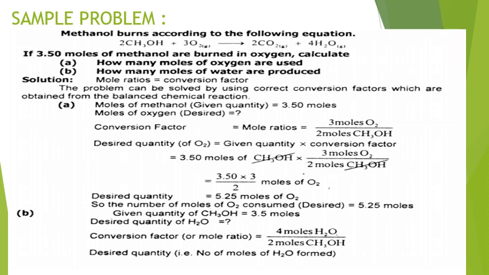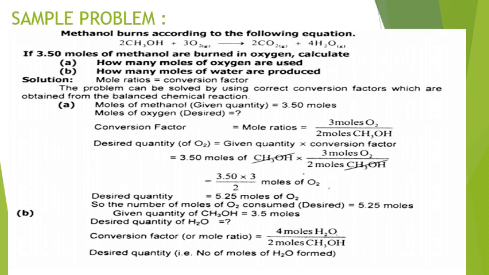Now part A is how many moles of oxygen are used. In this part A, we have to construct a mole ratio or a conversion factor by using both the reactants, that is moles of alcohol and moles of oxygen from the balanced chemical equation.